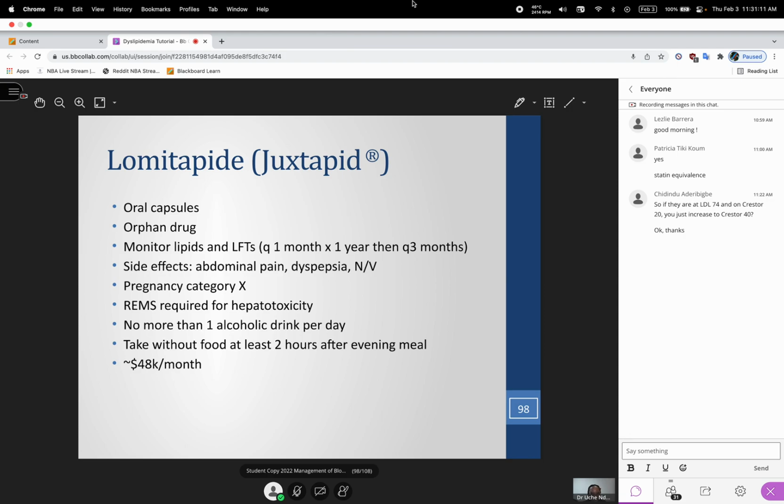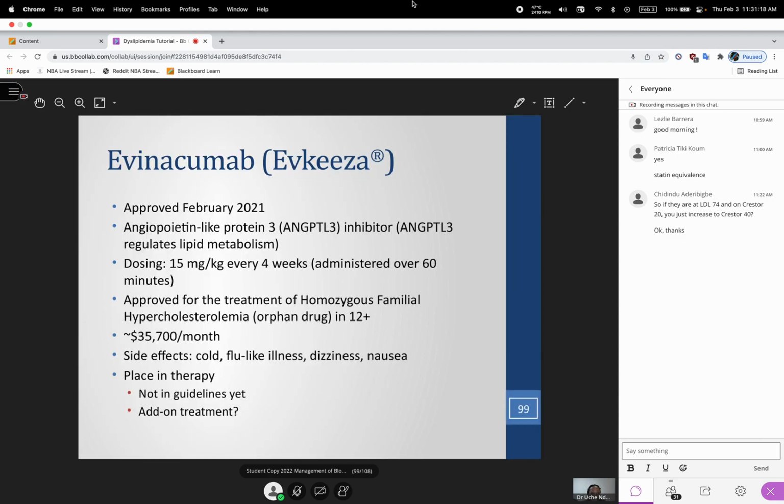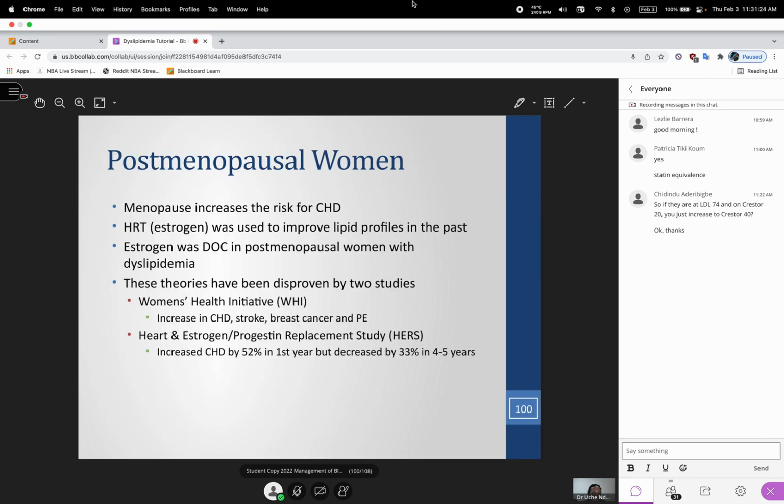ASCVD risk. There are a couple of orphan drugs. You do need to know the brand generic. And these orphan drugs are just like the other ones I talked about. We still don't really know where they fall into the guidelines other than people with homozygous; the only time I would pay that much money for these specialized therapies is for people who have familial hypercholesterolemia, especially homozygous.